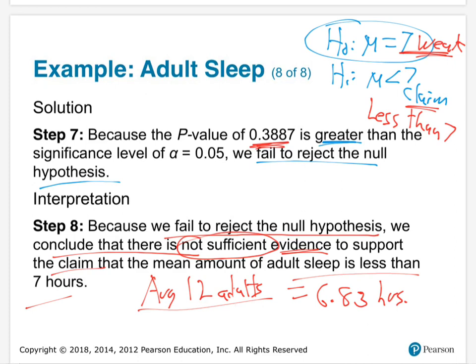That's under 7. The claim was the average adult sleeps less than 7. The average for 12 people chosen at random was under 7, 6.83.